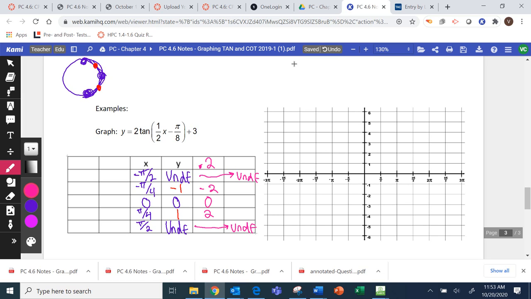My next step is adding a 3. If I add a 3 to undefined, it's still undefined. 1, 3, 5. So that's my vertical, my y side. On the x side, what am I going to multiply by? Somebody yell it out.